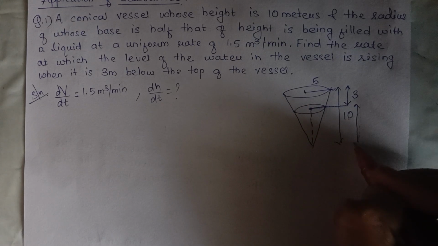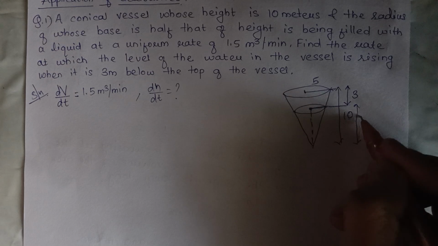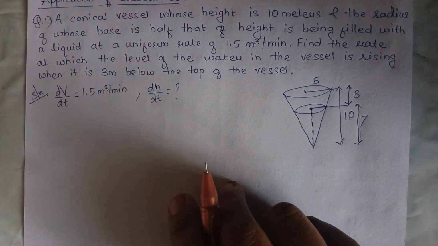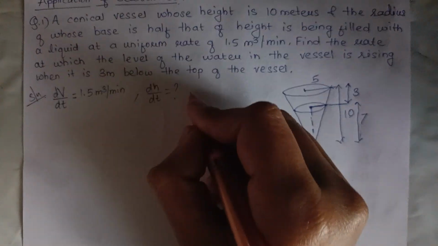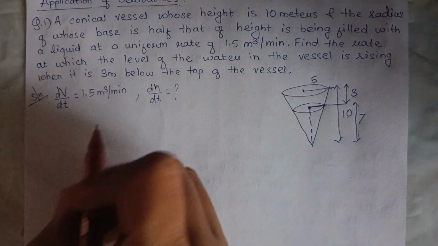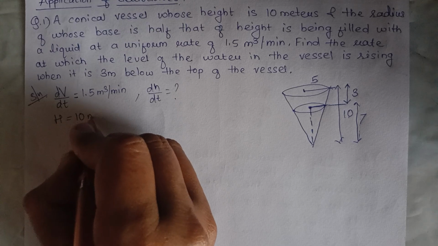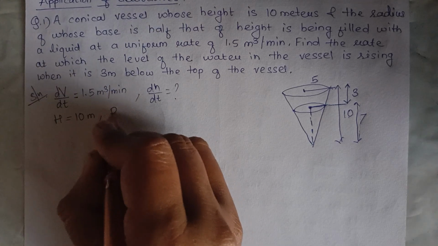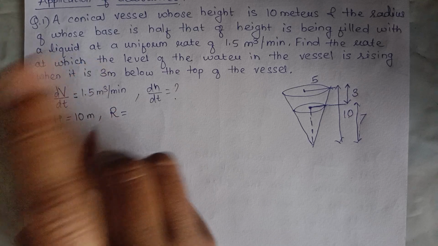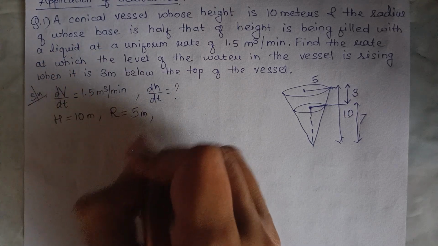So this height will be what? 10 minus 3, which is 7. So total height we can write H, that is 10 meter. Total radius, that is the radius of the vessel, is 5 meter.